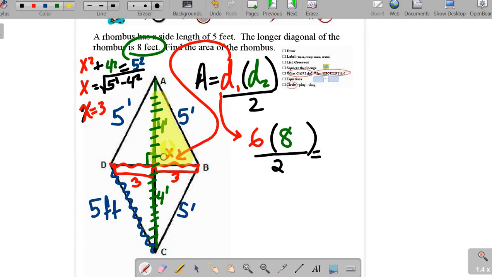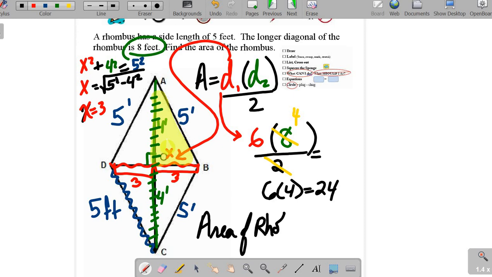I can take the 2 into either. I'm going to take the 2 into the 8. And 6 times 4 is 24. Therefore, the area of the rhombus is 24, check for units, feet squared.